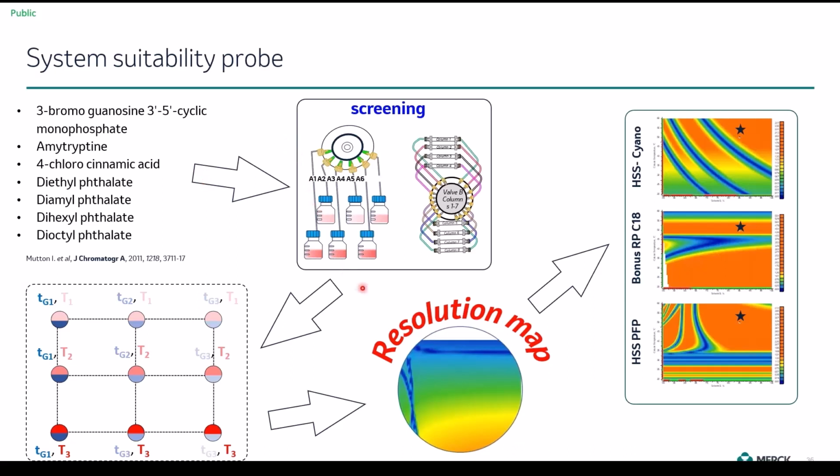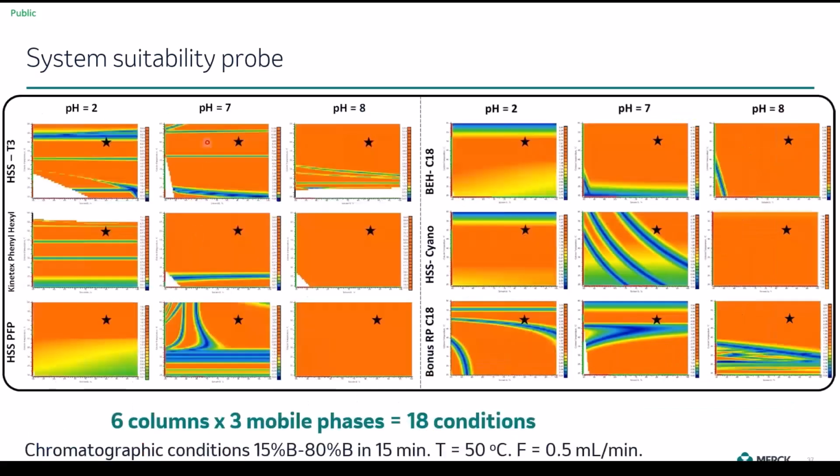And we used modeling to come up with a method that separates these compounds under an impressive choice of column chemistries and mobile phase combinations. As we can see here, we were able to obtain a method that separates the mixtures on 6 different columns at 3 different mobile phase pHs. We have taken acidic, neutral, and basic pH.